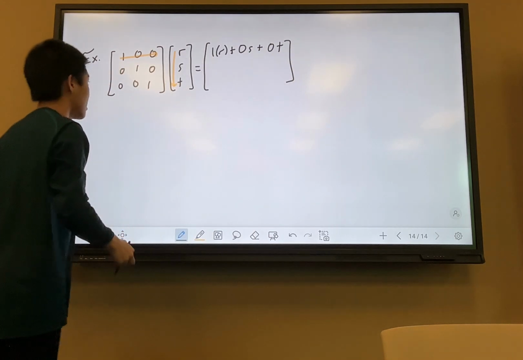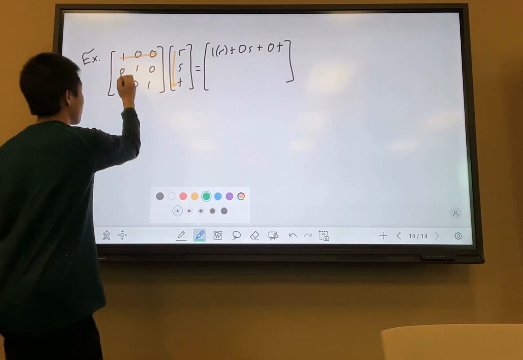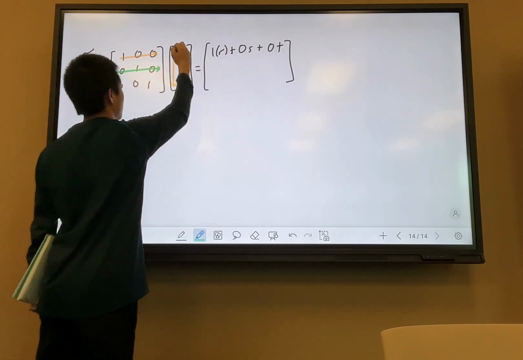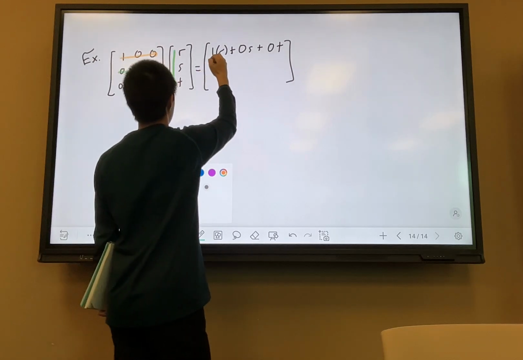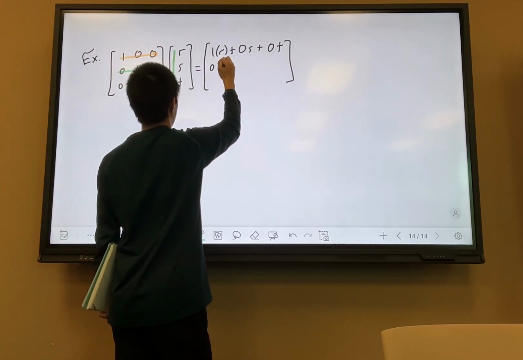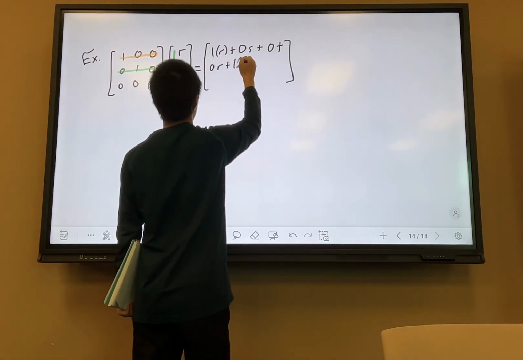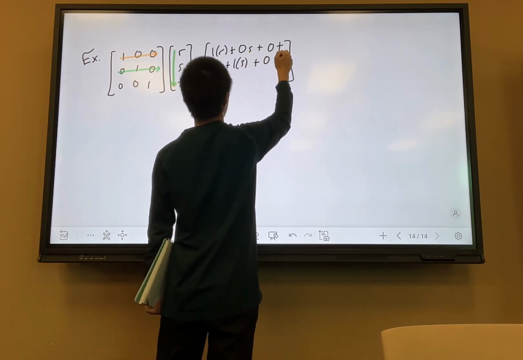Okay, next, if I go across left to right, top to bottom, I have 0 times r plus 1 times s plus 0 times t.